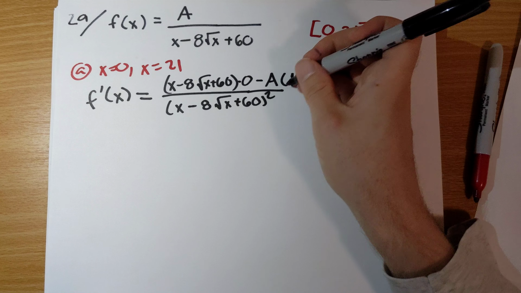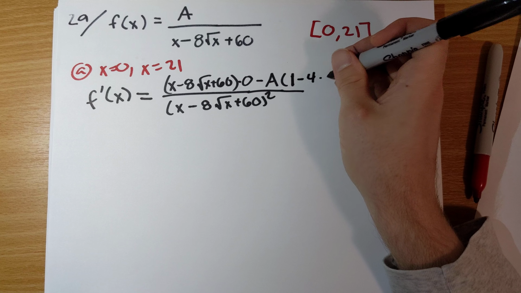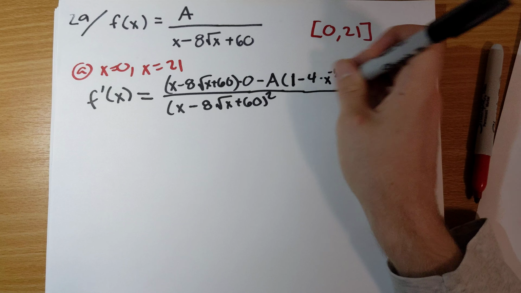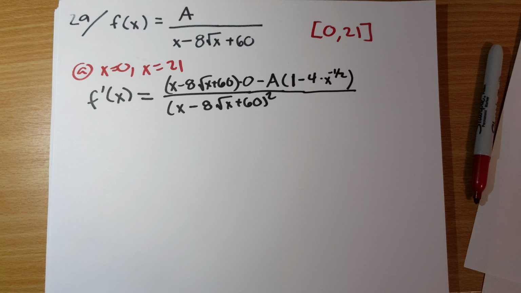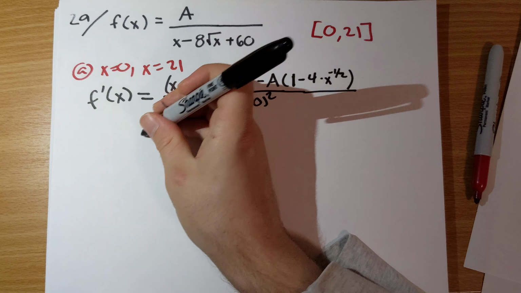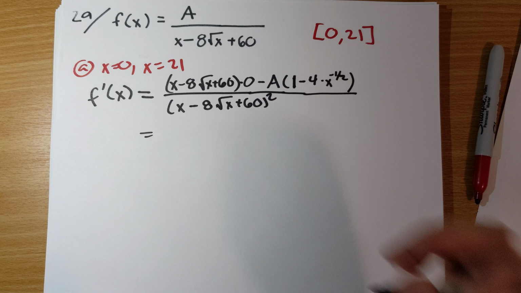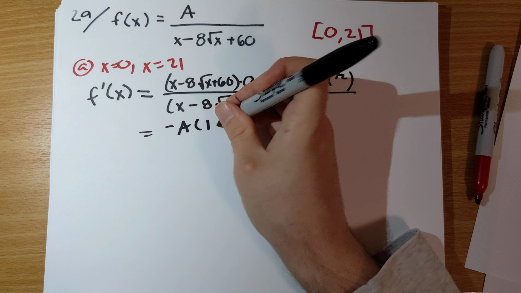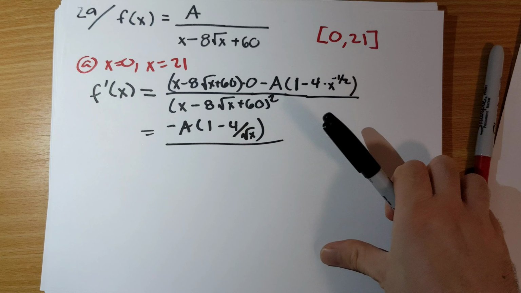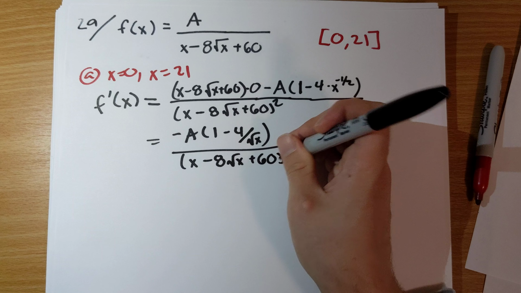The derivative of the denominator is 1 minus 4 times x to the negative 1/2. Let's get rid of that 0 term. So it's negative a times (1 minus 4 divided by the square root of x), all over (x minus 8 square root x plus 60) squared.